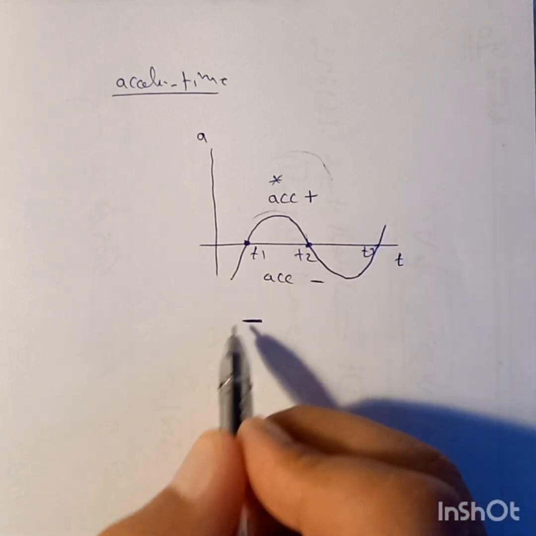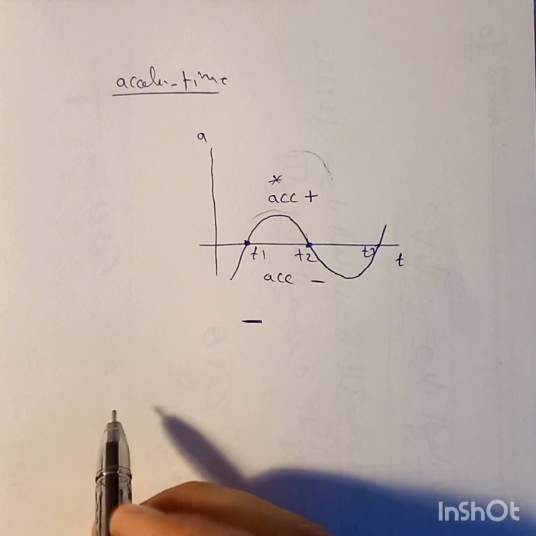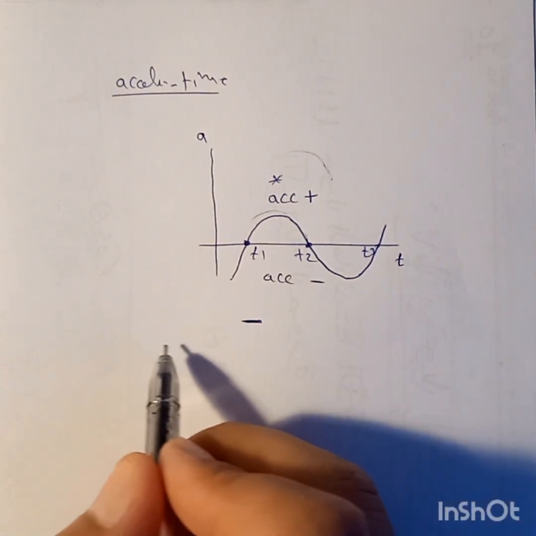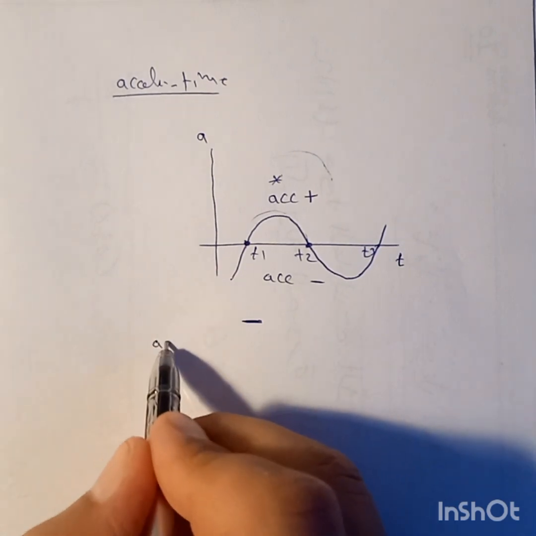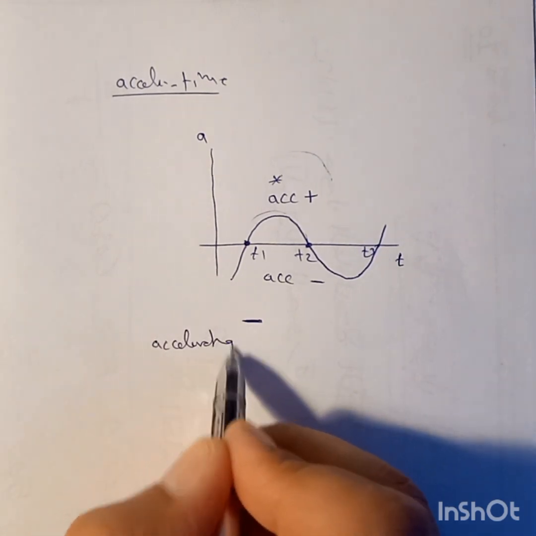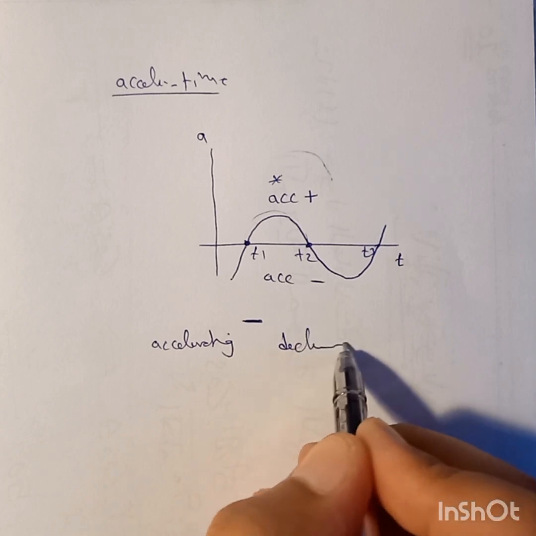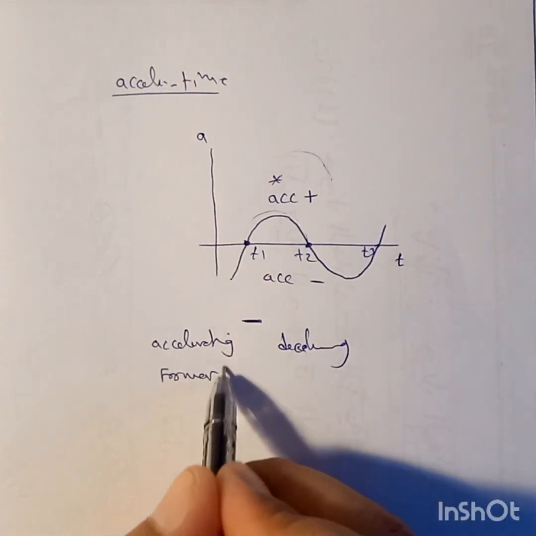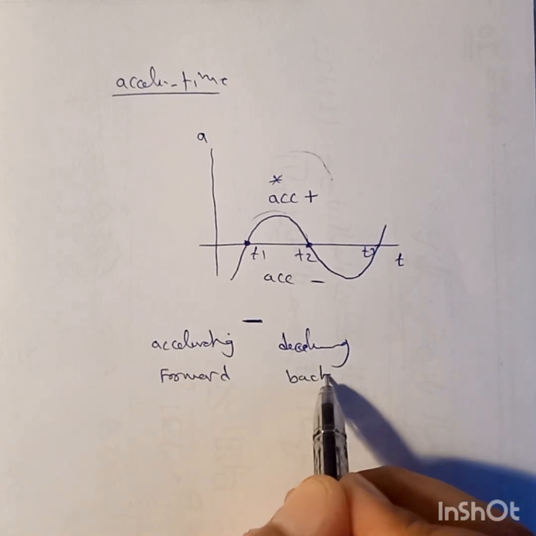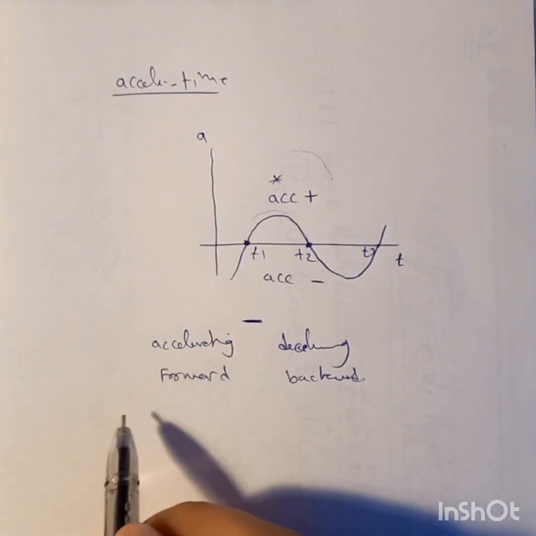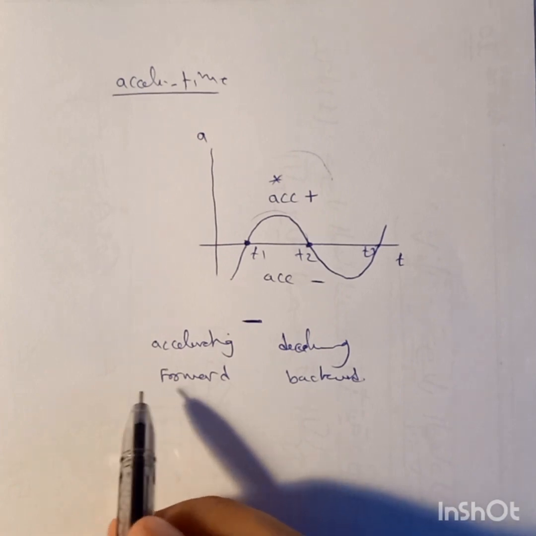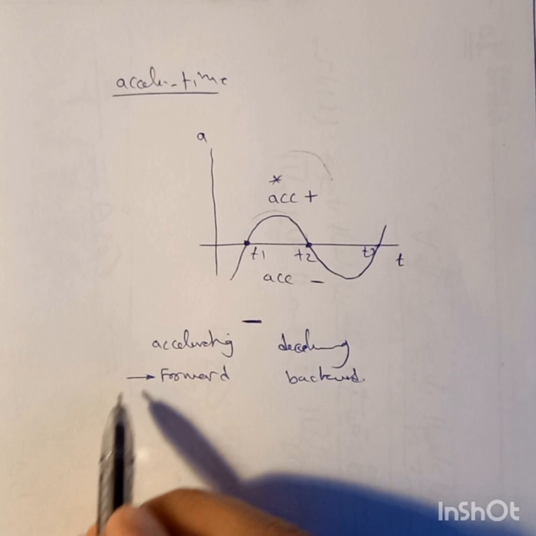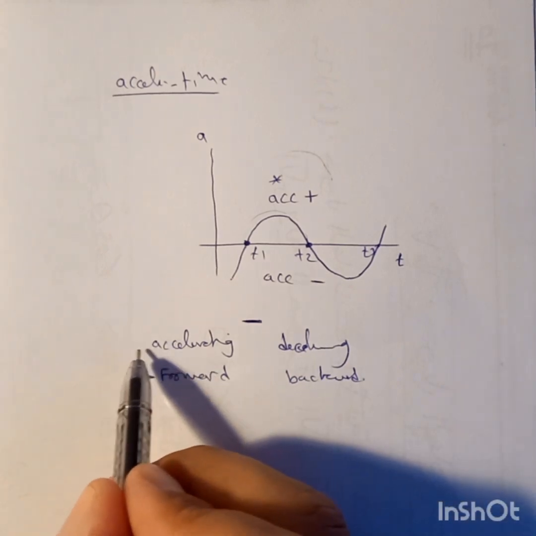Now we have to discuss a very important point: how to define if the rectilinear motion of any body is accelerating or decelerating, and if it is in the forward or backward direction. This depends on the relation between velocity and acceleration.